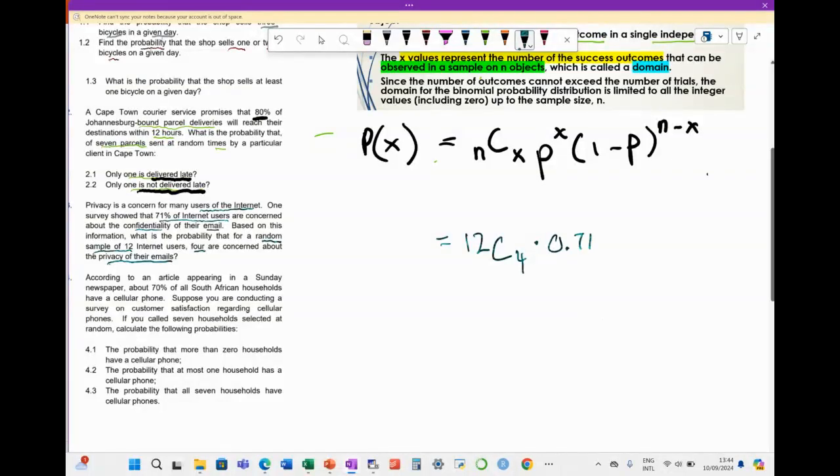All right, so 71, okay, to the power, what? 4. And then 1 minus 0.71, 7 minus 4. Ah, sorry, 12. This should be 12, because we got 12 observations. So what do we get there? What are we getting there?